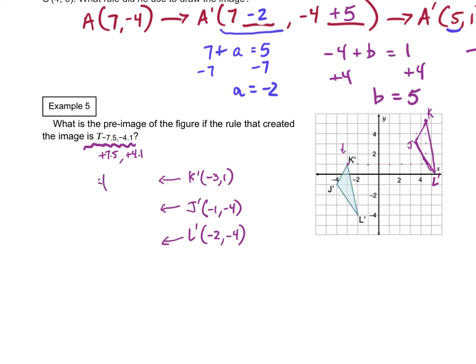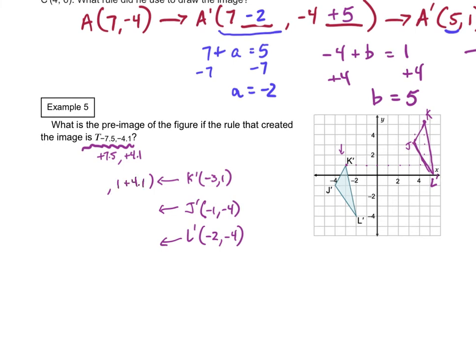So my K values are going to be -3 plus 7.5 for X, and 1 plus 4.1 for Y. Then with the others, I'm going to have -1 plus 7.5, and -4 plus 4.1, and then my L is going to be -2 plus 7.5, and -4 plus 4.1.